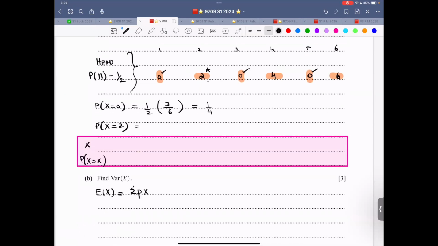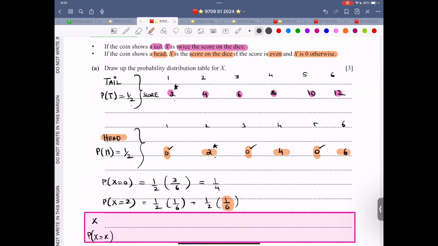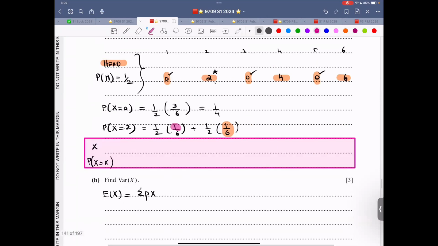The two halves are different: one is from the head thing, and the other is from the tail thing. Got the idea? So that is half into 2 over 6, that's half into 1/3, which is 1 over 6.